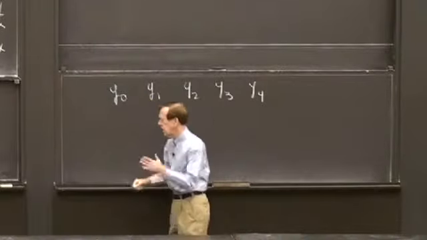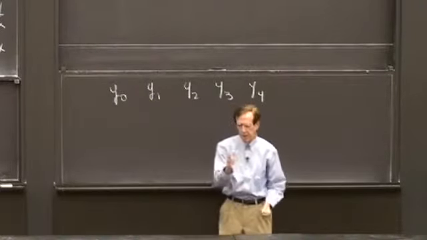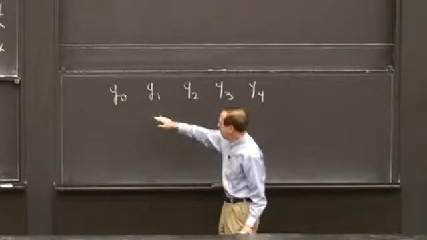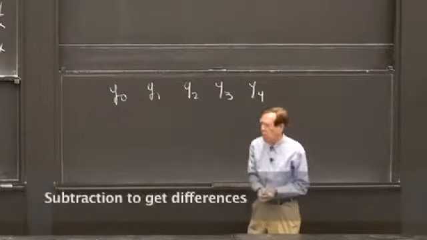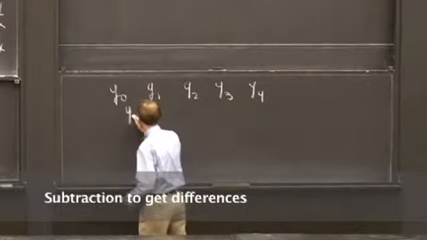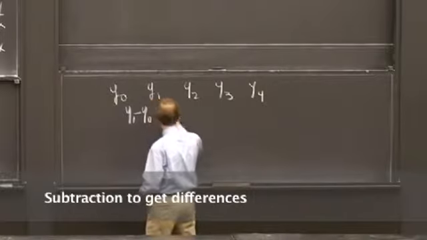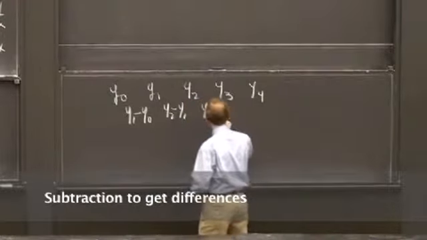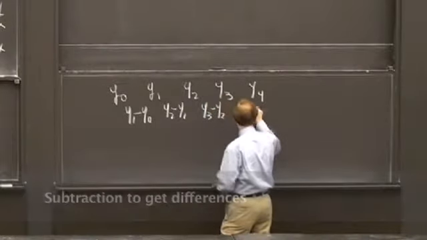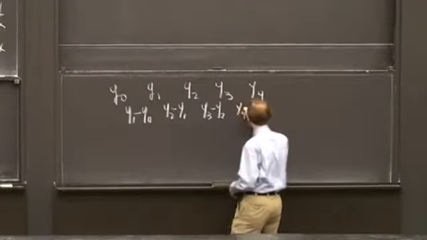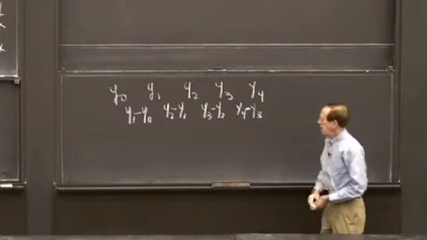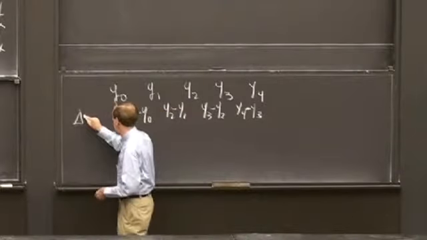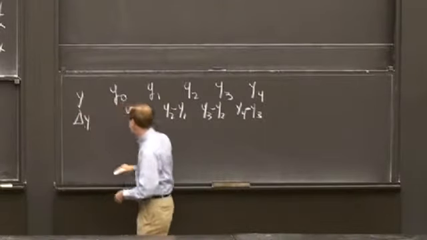Now what are the slopes between them if the step across is 1? So what are the steps upward? What are the delta y's? Well, y1 minus y0, y2 minus y1, y3 minus y2, y4 minus y3. And then my question is, these are the s's, these are the delta y's, you could say. These are the y's.